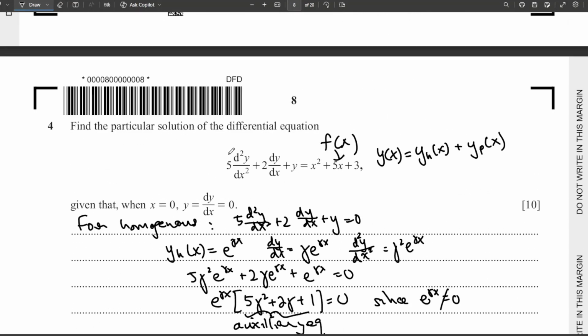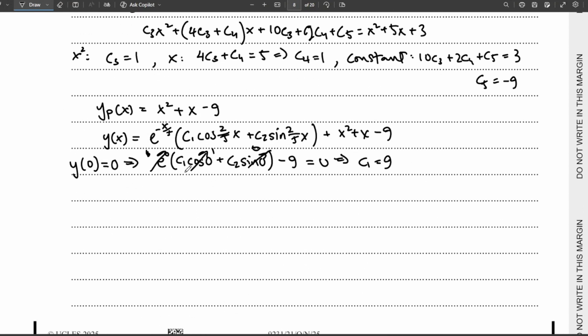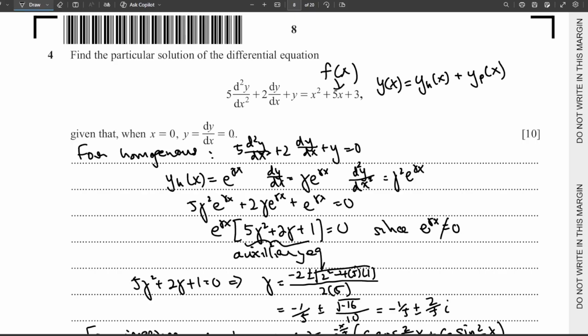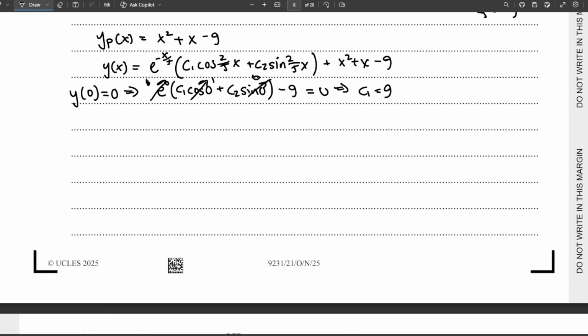Now we're moving on to the second condition where we have dy dx evaluated at 0 is 0. So we first have to find the expression for dy dx. It might seem a bit messy, but the differentiation is not too difficult. It's just a product, so we have to use the product rule here. I'll first differentiate the exponential here, so it's a -1/5 e to the negative x over 5, and I'll leave the sum of the trig just as it is.